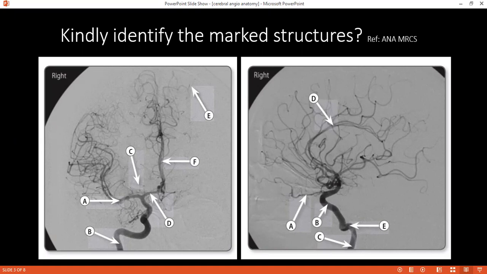Can you please tell me what would be the course of the vertebral artery? Yes, ma'am. There are two vertebral arteries. These vertebral arteries enter through the foramen magnum and ascend upwards in the subarachnoid space, moving anteriorly to the medulla oblongata.